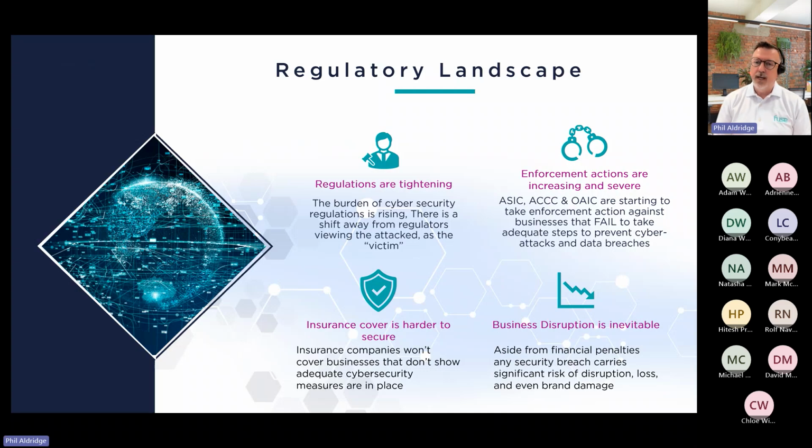You might still get attacked and hacked, and you might still lose the data, but you'll need to be able to demonstrate that you've done everything that you can to ensure that didn't happen, and that you report it properly. The reason is that the minimum fine is going to be $50 million for serious and repeated breaches. If it's your first offence, I'm sure it's not going to be a $50 million fine. But if you've had it a few times, you could be up for a $50 million fine.